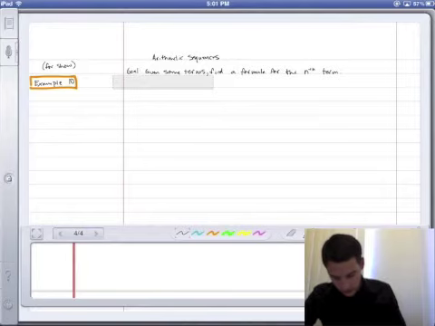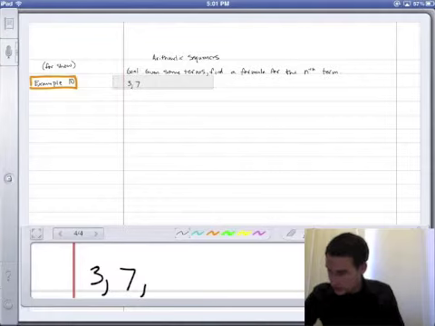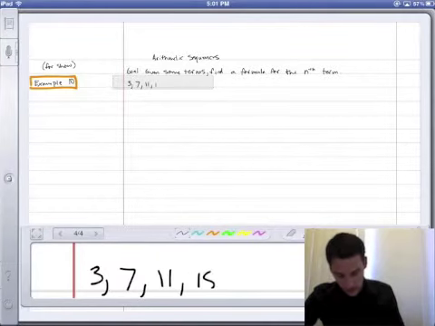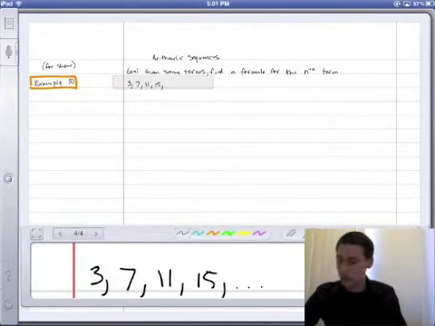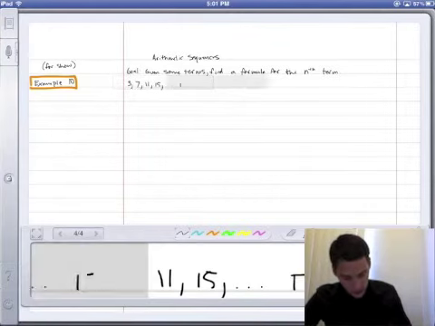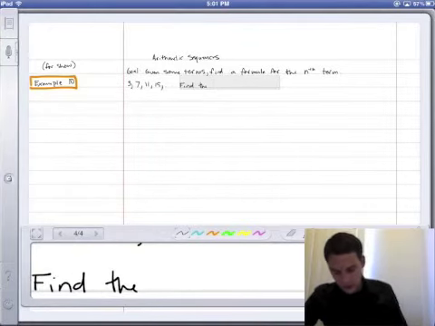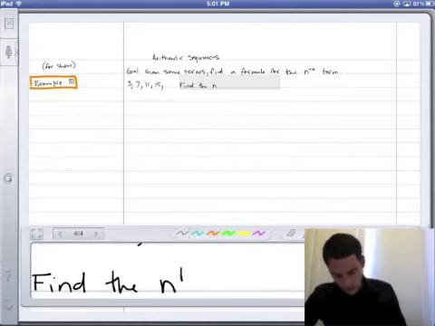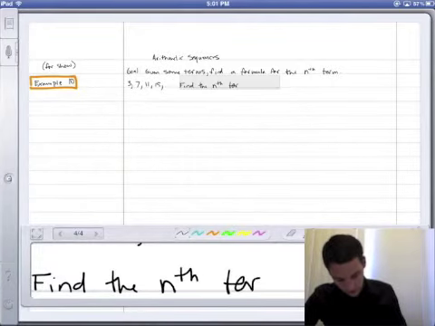We'll be given a sequence, and it will be 3, 7, 11, 15, and onwards. And the instructions will be: find the nth term formula.